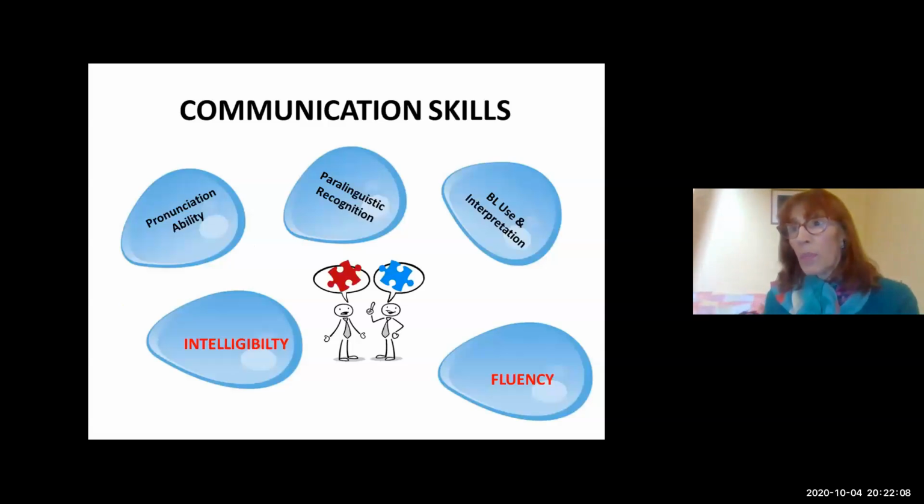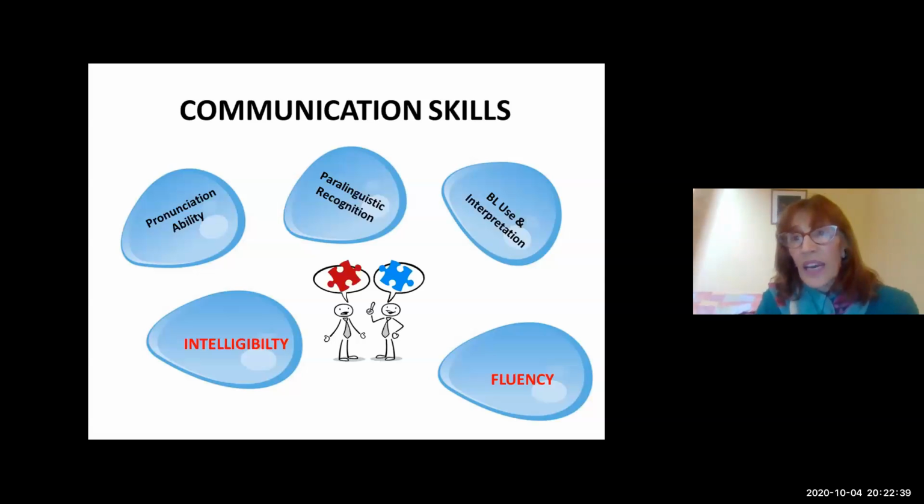Communication includes both speaking and listening. This means that productive and receptive skills should be present every single class. In this way, the students enhance their pronunciation ability, their paralinguistic recognition, their body language use and interpretation, and intelligibility and fluency are more important than ever because of the international character that English has.